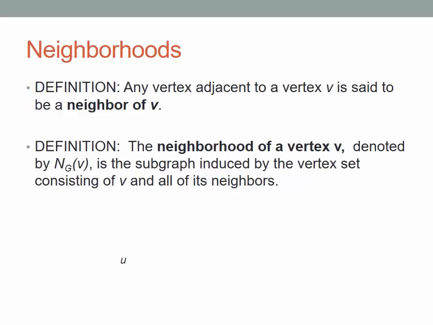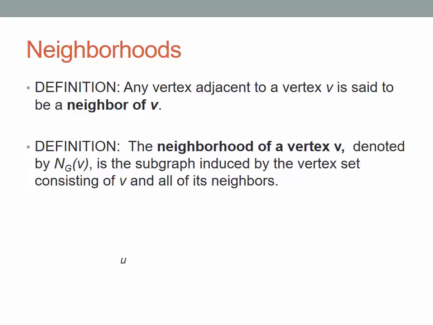We're going to define what we mean by the neighborhood of a vertex V. In order to define the neighborhood of a vertex V, first we're going to define the neighbor. A neighbor of V is simply a vertex that is adjacent to V. So the neighborhood of V is the subgraph induced by the vertex set consisting of V and all its neighbors.